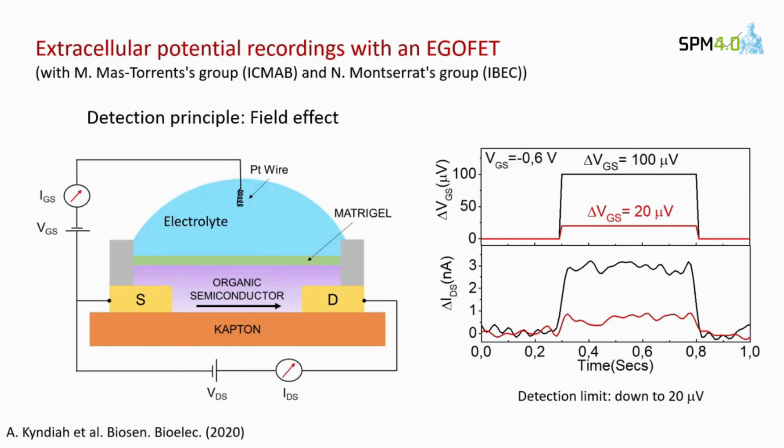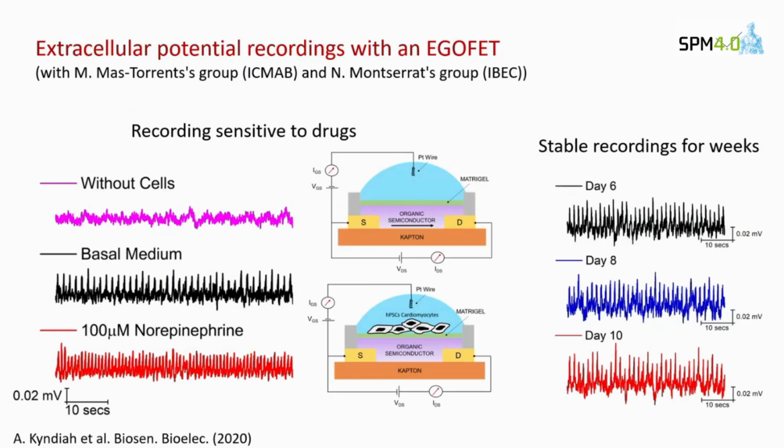So now, what happens if I put a living cell there? This is a cardiomyocyte. These cells beat because they contract, and every time they contract, they generate an action potential, so they change the potential of the surroundings. When you don't have cells, you don't see anything, just noise.